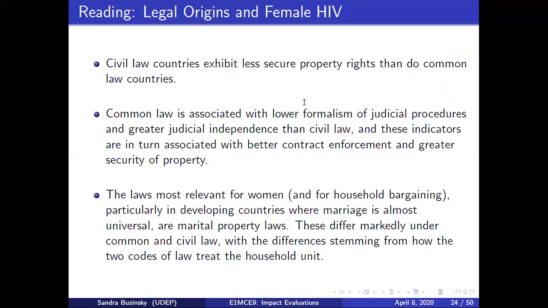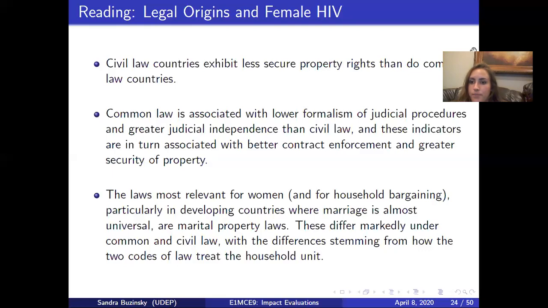Basically, the law is most relevant for women and for bargaining power in the household, especially in developing countries where marriage is almost universal. If marriage is really universal, the most important laws will be marriage property laws, because that says how a woman is going to be able to have authority over her own property.